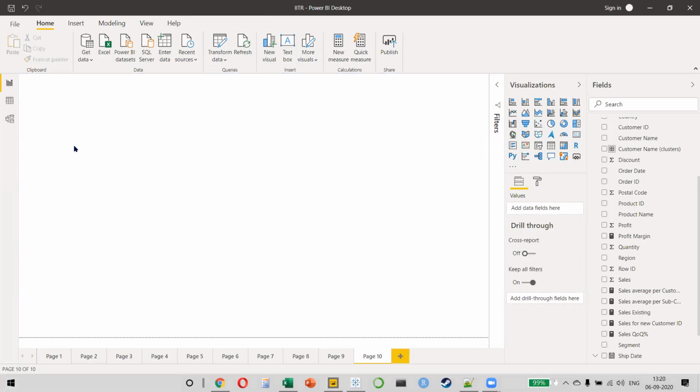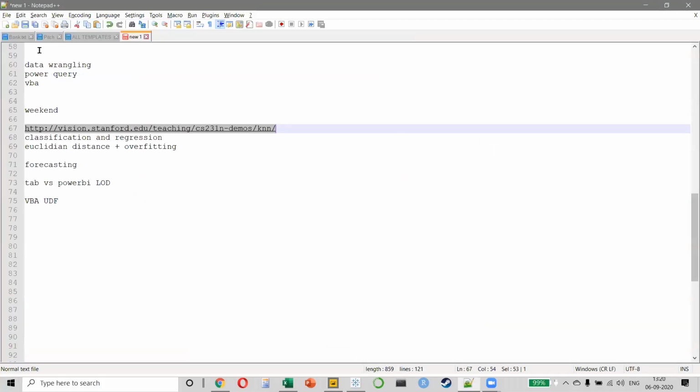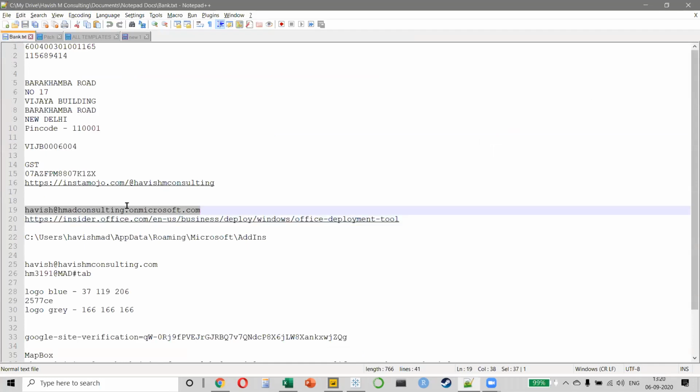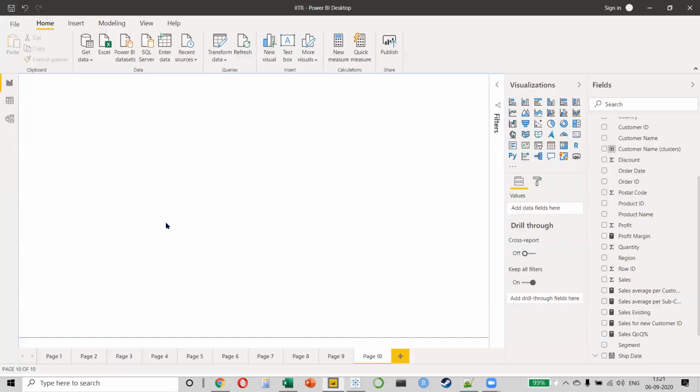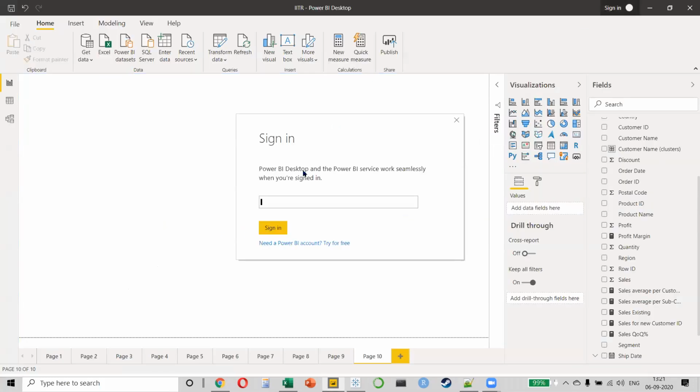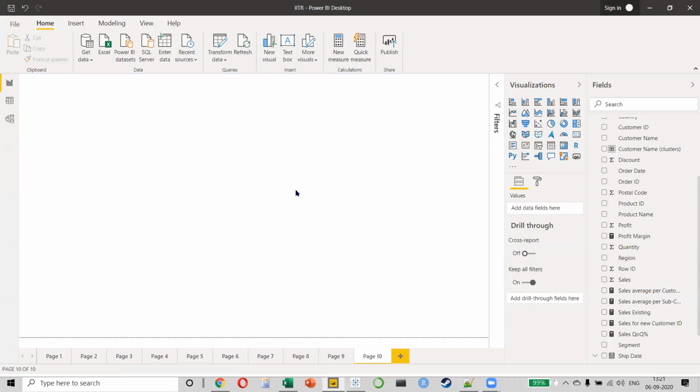Let me see if there is an inbuilt visual available. Just hold on. There might be, but that will also use R if I'm not mistaken. Just a moment. Why is my sign-in option not coming?